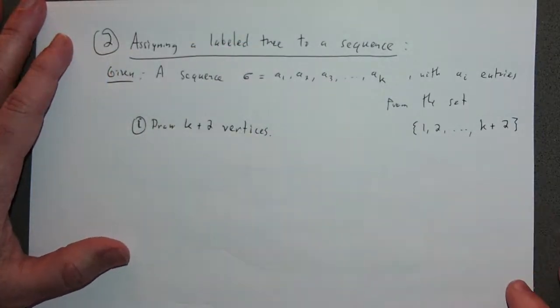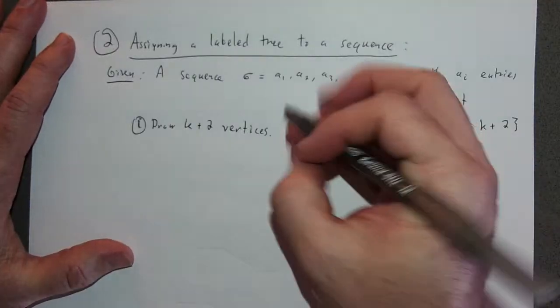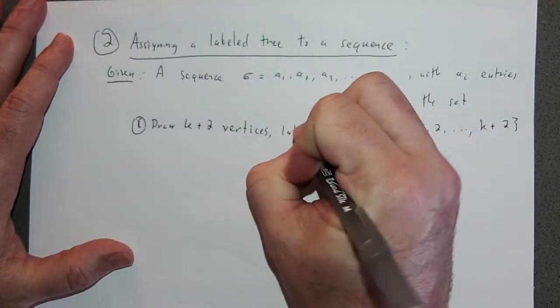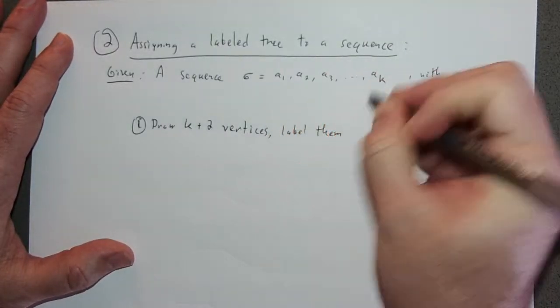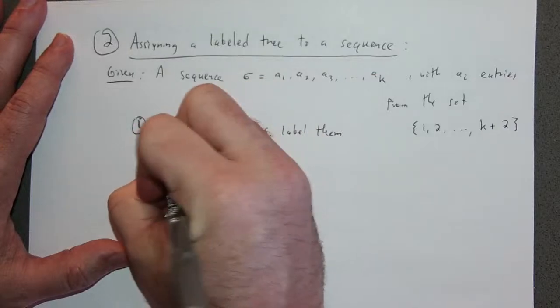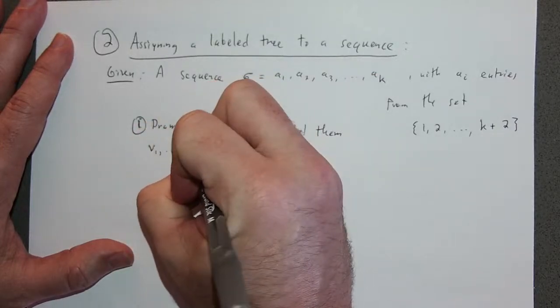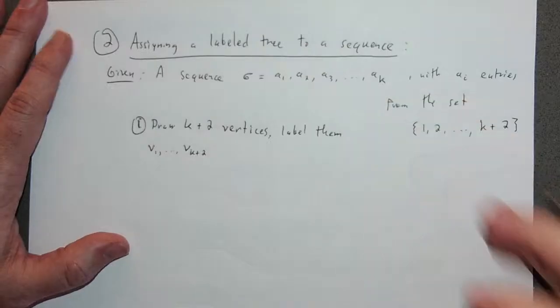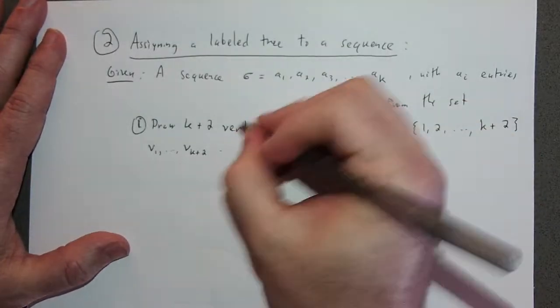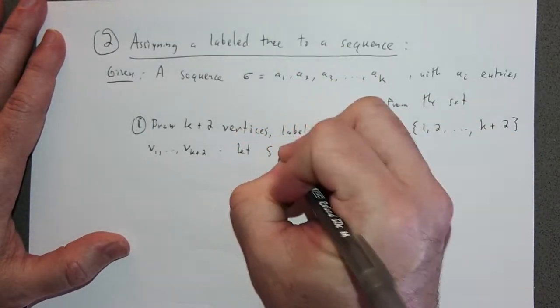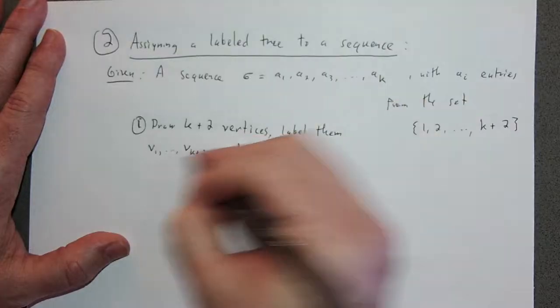So draw k plus 2 vertices, label them v sub 1 to v sub k plus 2. Let S be the set of indices.